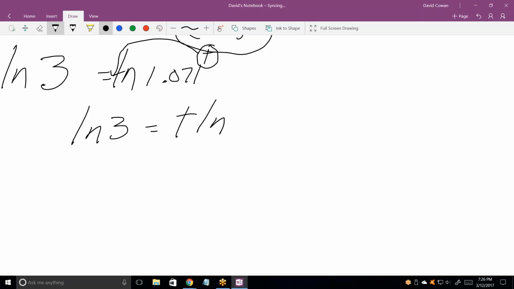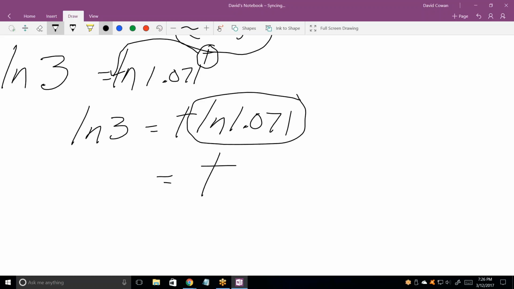Now I've turned it into an algebraic equation. No longer have my variable in the exponent. And now the next step is dividing both sides by that coefficient. It's not in the normal spot that most coefficients are in. Usually the coefficient is in front of the variable, but nonetheless, that's a number.